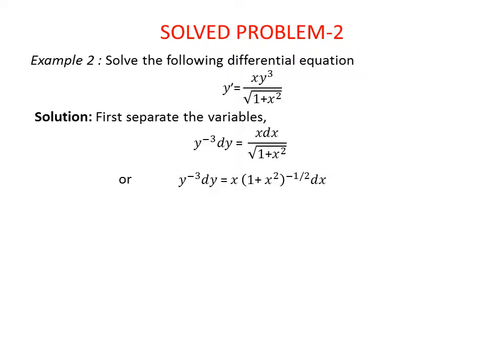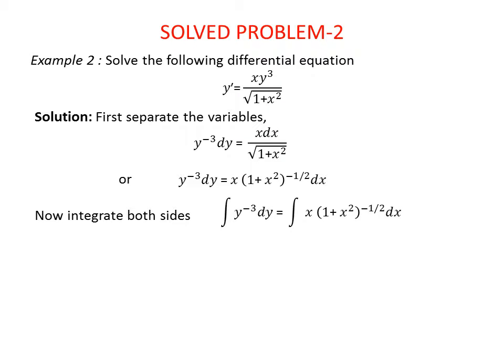This problem can be solved by using the substitution method. If we take t is equal to 1 plus x square, then dt by dx becomes 2x, right? And x dx can be replaced by dt by 2. This is why we do this step in this question.